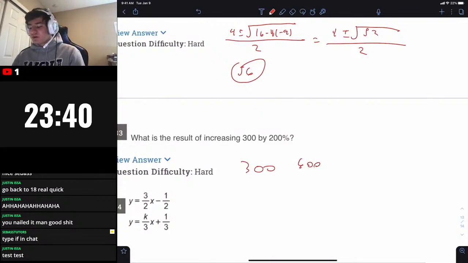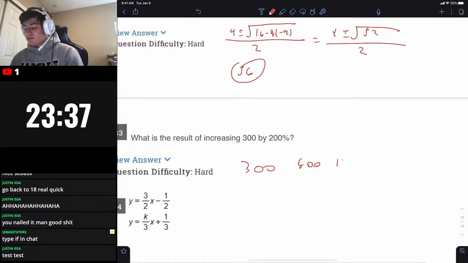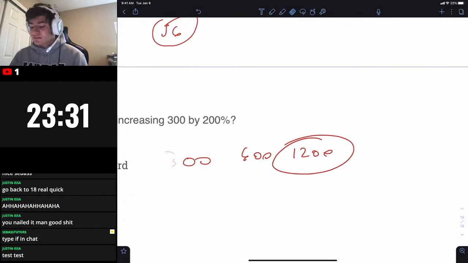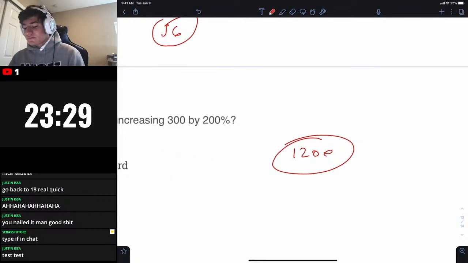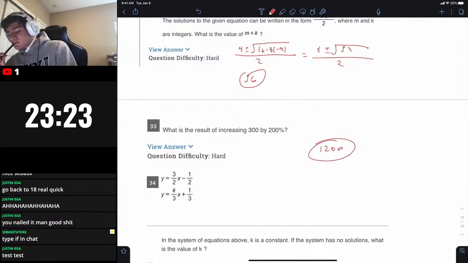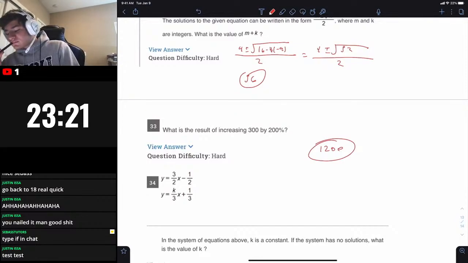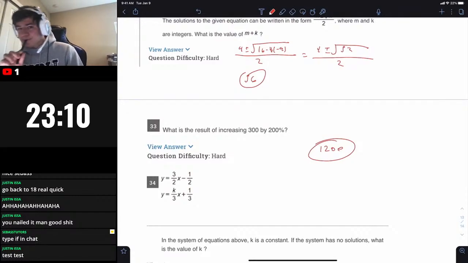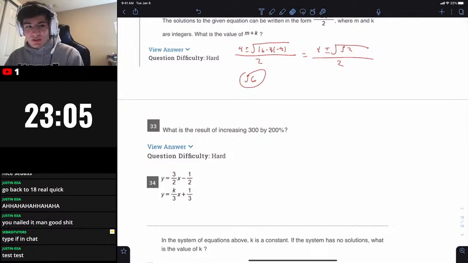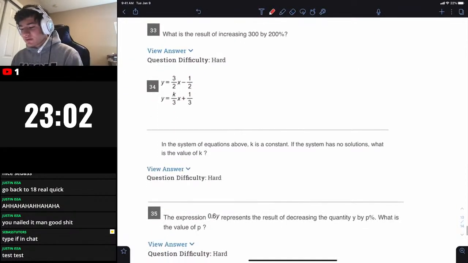And if you increase by another 100%, then you get 1200. So that's the answer, I believe. Oh wait. This is weird. Increasing by 200%. That can't be it. I'm pretty sure this is the answer. Oh, we're running out of time. Okay, I'm going to move on, and then we'll come back.